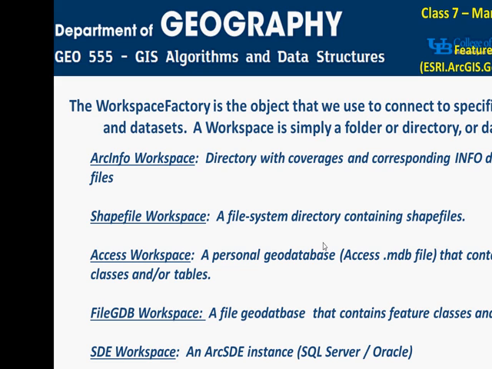So going directly to the number 2, shapefile workspace. Hopefully you know what a shapefile is. A shapefile workspace is a folder. This used to be Esri's preferred GIS format, ArcInfo coverage. A shapefile workspace, on the other hand, is a file folder with shapefiles in it.